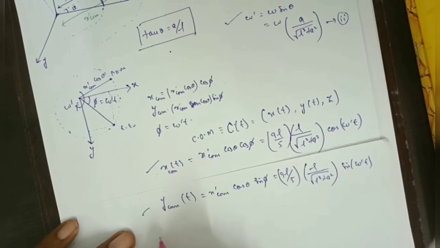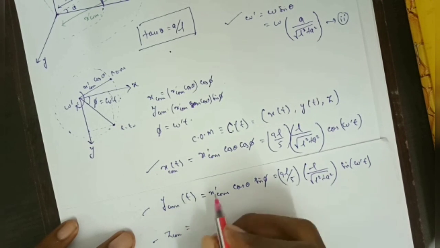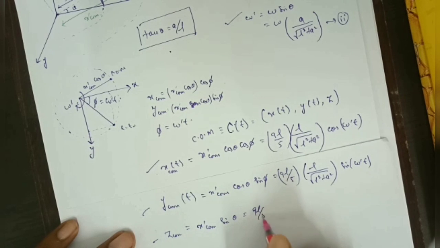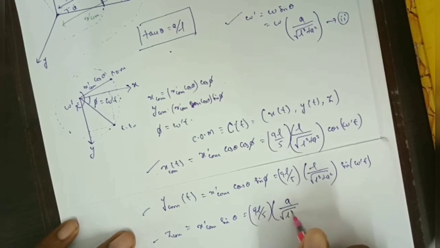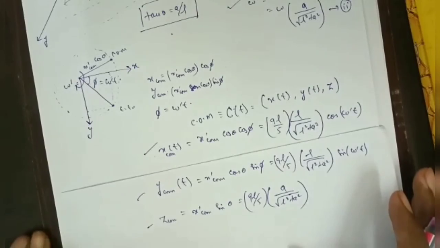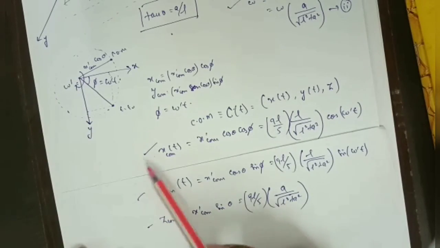And for z COM, this is time independent as said earlier. This is x prime COM sin theta, which equals 9L by 5 times a by root under L square plus a square. So we have finally found the expressions for x COM, y COM, z COM.